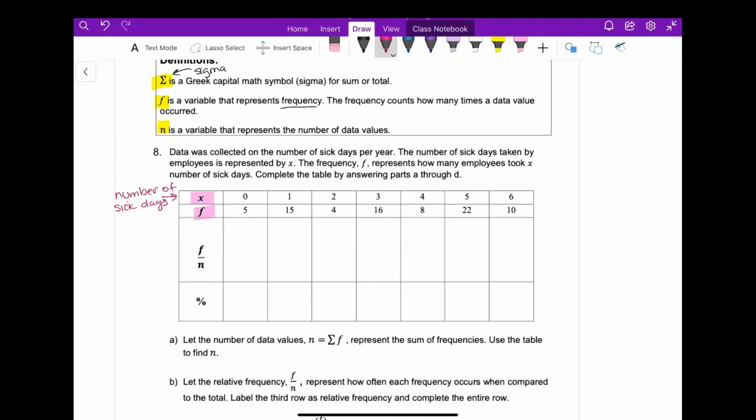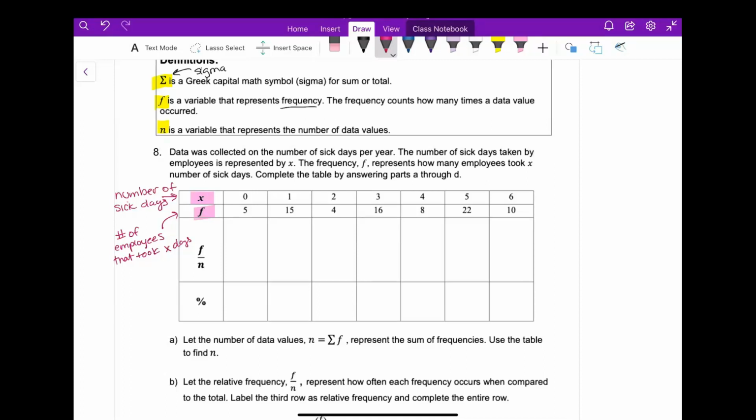And the F represents how many employees took that many days. So, number of employees that took X days. I'm going to pause right here before I go on to answering questions.